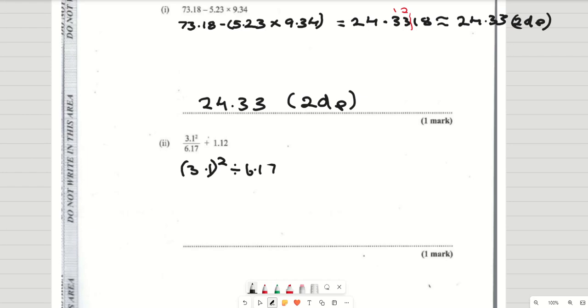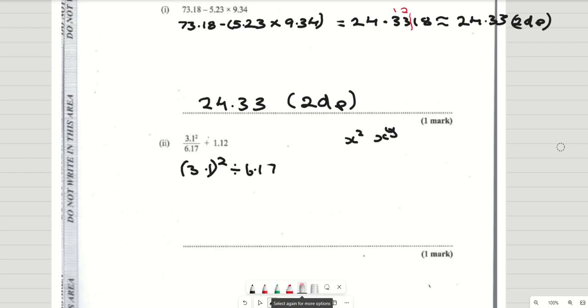So you're going to have 3.1 squared, and if you're looking for squared on your calculator, guys, there's this x2 button or xy button. If you use the xy button, it will tell the calculator 3.1, and when you press the xy button, you'll have this upside down V and you put 2. That is how you would do it.